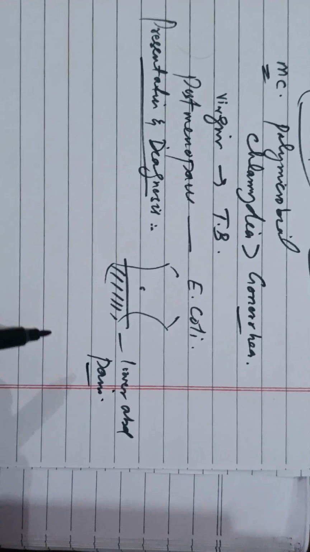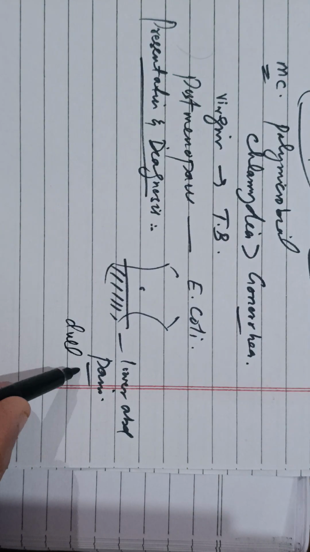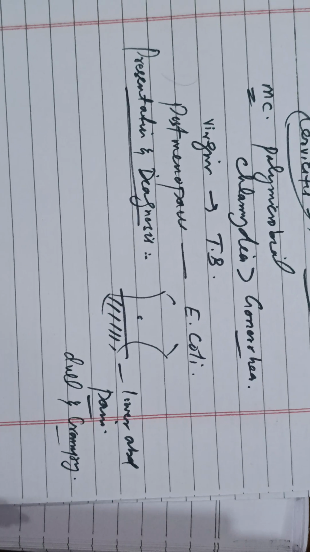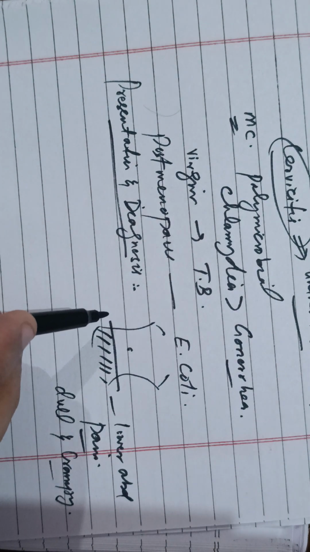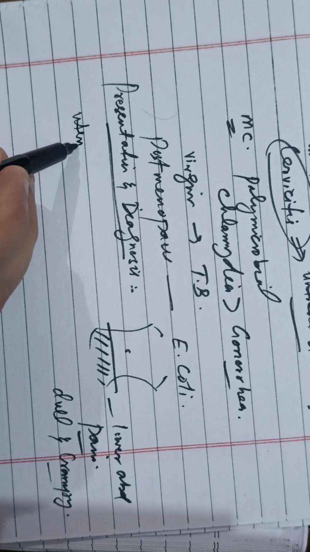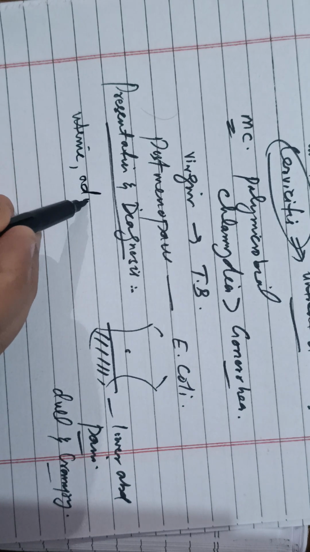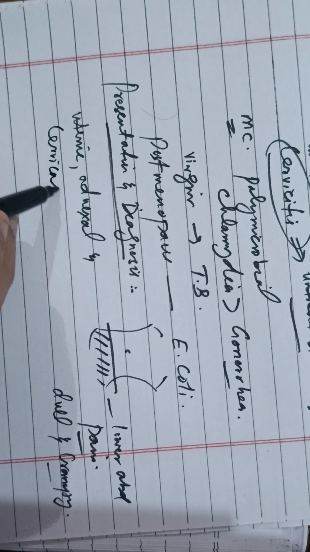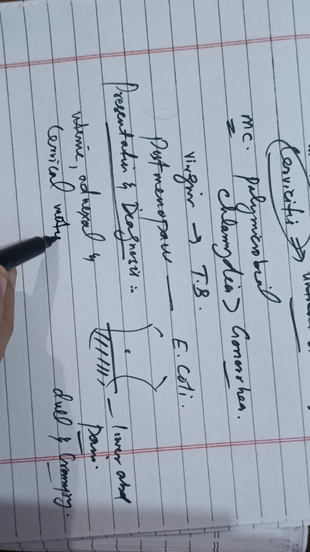The pain is usually dull and crampy. Besides this, there will be uterine, adnexal, and cervical motion tenderness.